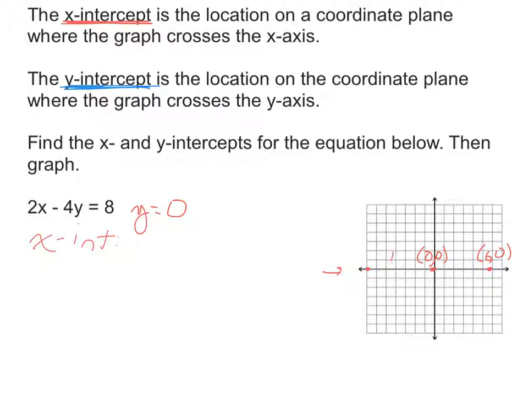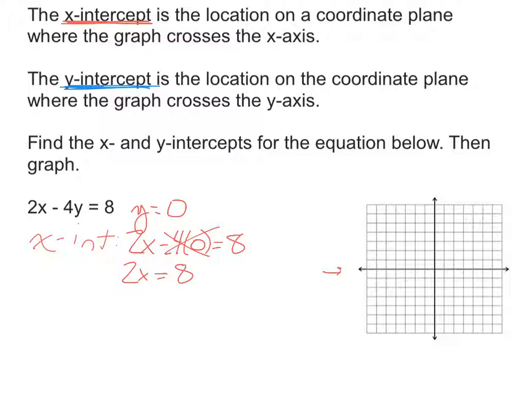So what I'm going to do in order to figure out what my x-intercept is, I'm going to replace my y value with 0 in my equation. So 2 times x minus 4 times 0 equals 8. Now I know that 4 times 0 is 0, so 2x equals 8.